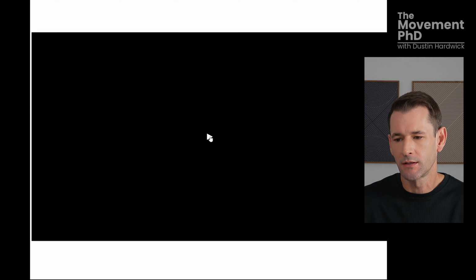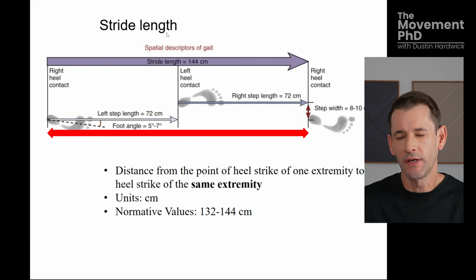left heel contact. The next spatial descriptor of gait we're going to talk about is stride length. So stride length is larger than step length because now we're talking about the heel contact of one foot to the heel contact of that same foot. So in this stride, we have two steps.